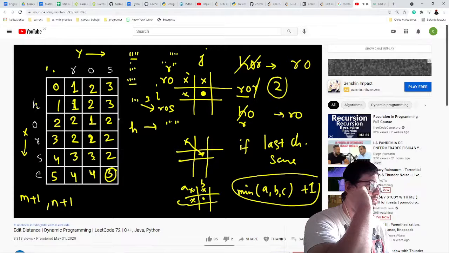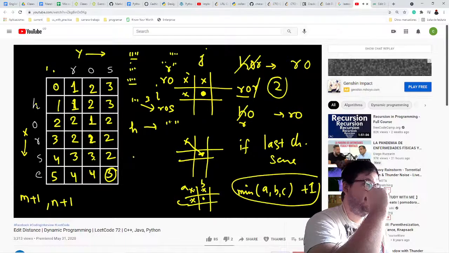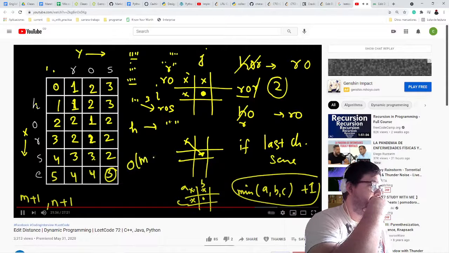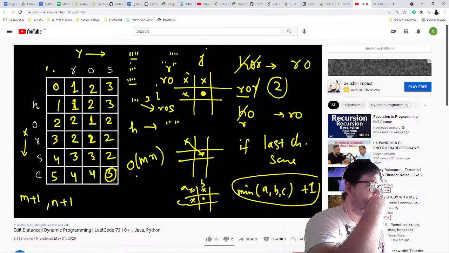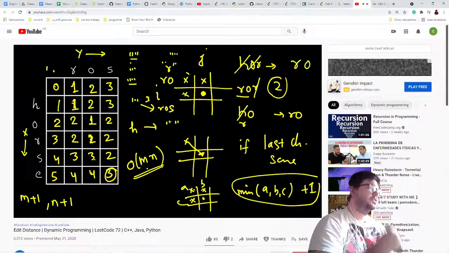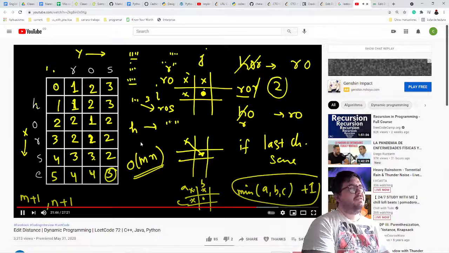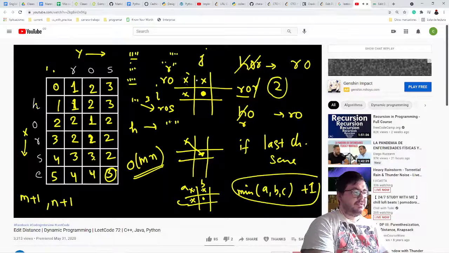It's m plus 1 by n plus 1, so its time complexity and space complexity are both O of m multiplied by n, O of mn. Although you will notice that here we don't need to store the previous values, we only need these three values. So we can optimize the space. Just do a quick rough work and you should be able to figure out how we can save the space. So space we can save, but time complexity would still remain mn.